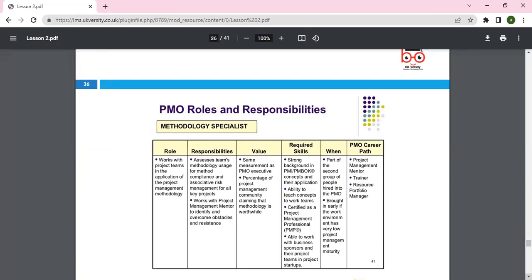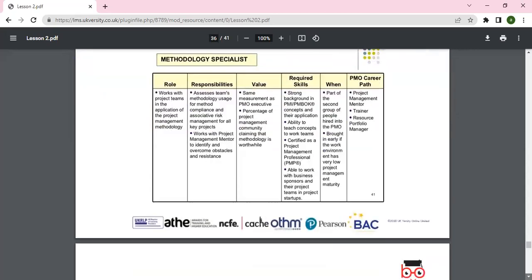So we can look at these. That's what we need to look at.